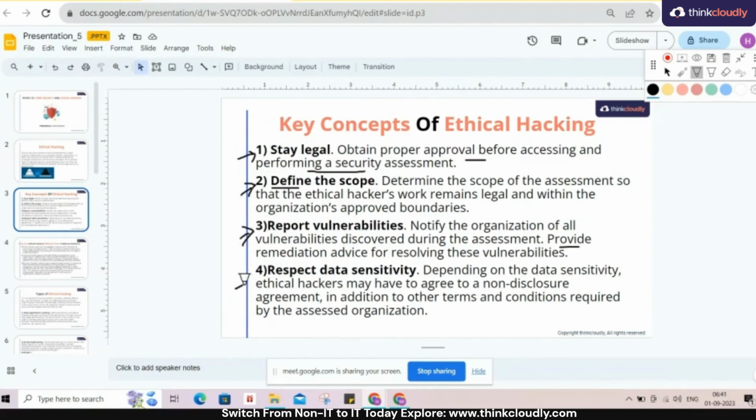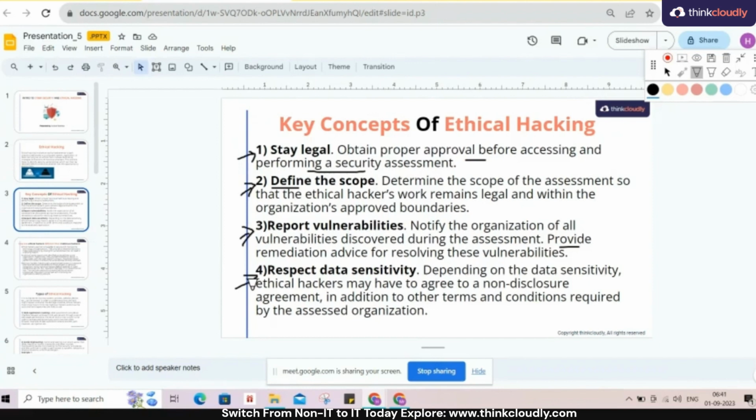The fourth is to respect data sensitivity. As you are doing ethical hacking, you are following the same strategy and method used by the unethical hacker, so you should not expose any data. Suppose you are working as a freelancer doing VAPT for the Thinkcloudly website and you find some suspicious or sensitive data.